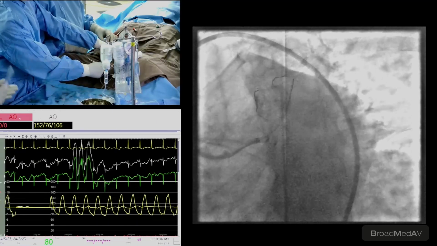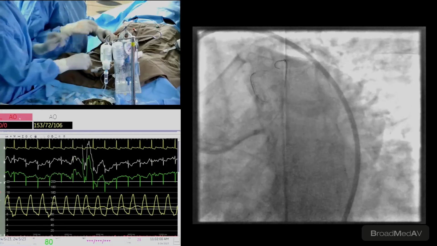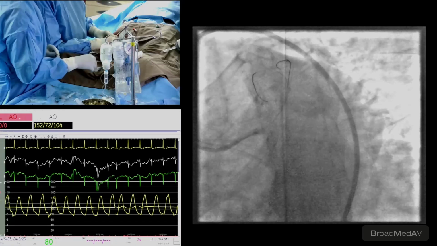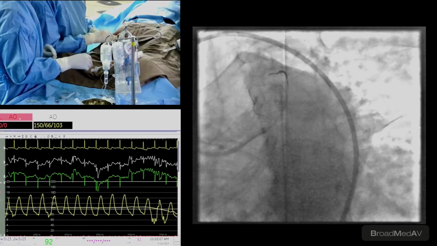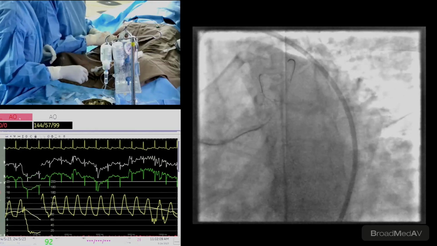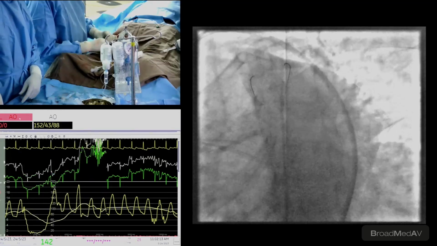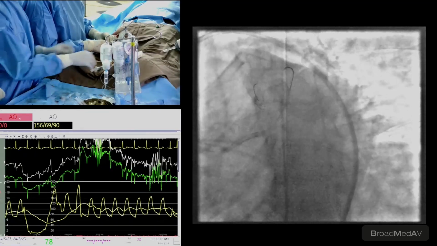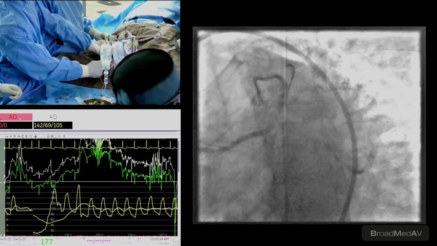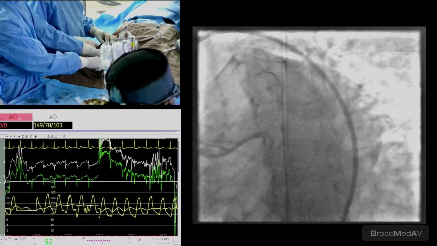Okay, that's in the diagonal. And then we pull off the other diagonal wire. The LAD, and we got the other wire in the diagonal.